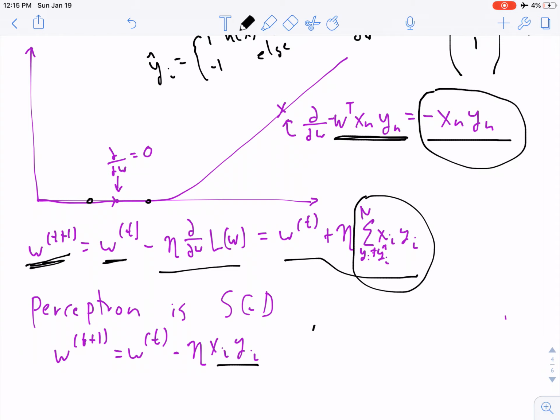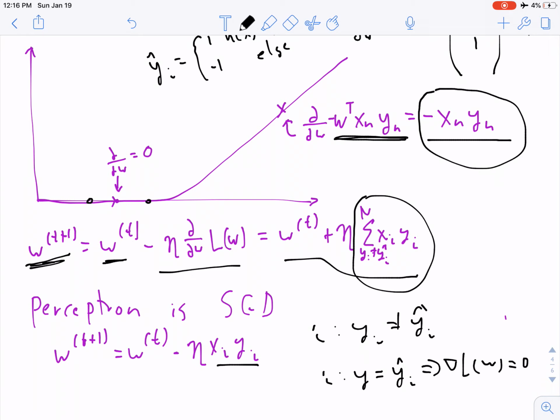This supposes that i is such that yi is not equal to yi hat, but that's a fair assumption to make, because if i is such that yi equals yi hat, meaning we correctly predict it, then the gradient of the loss over that point is equal to 0, so it doesn't actually do anything, and we can just skip that step.